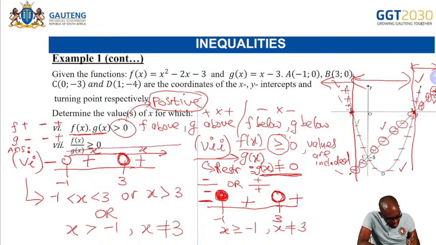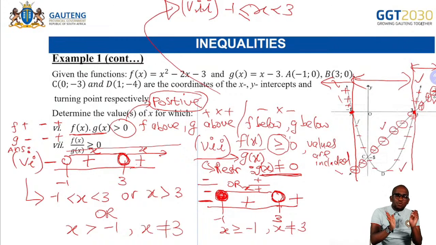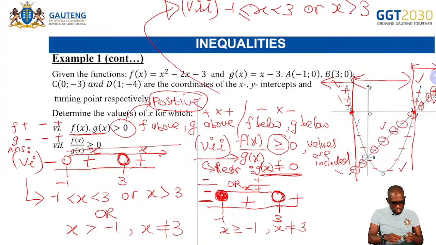Or you can write it, allow me to put it at the top here, you can write it this way. x is trapped between -1 included and 3 not included, or x is greater than 3, like that. Right, good people, we move on with our lesson.